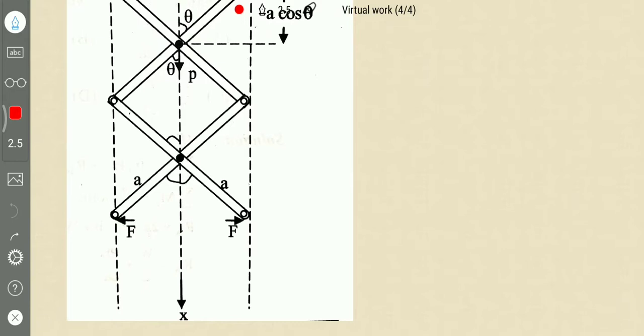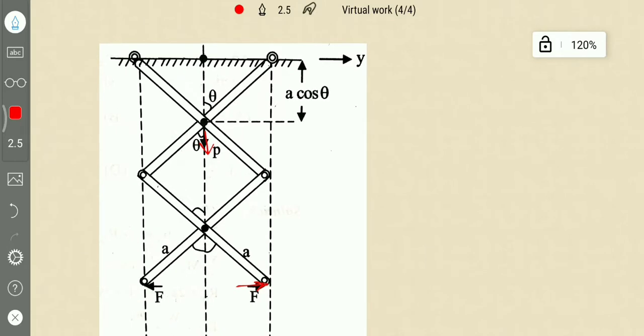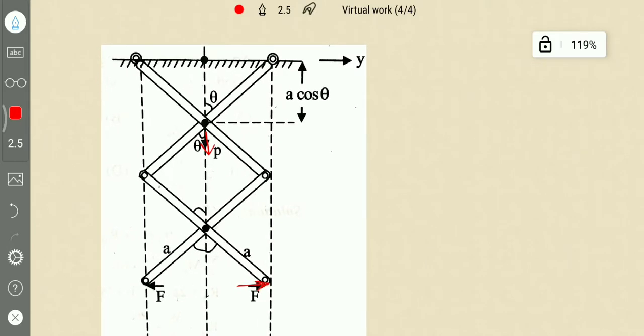So there is a load P acting here, and a force F should be applied in order to maintain this system in equilibrium. So how do we solve this problem? If we consider it is symmetric about this axis, we consider this right side section.